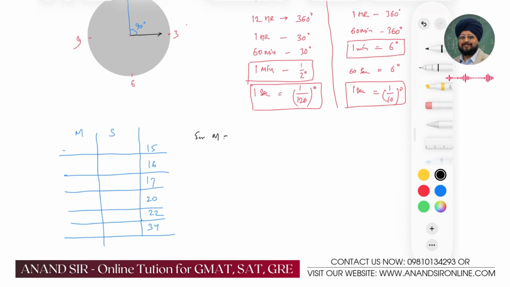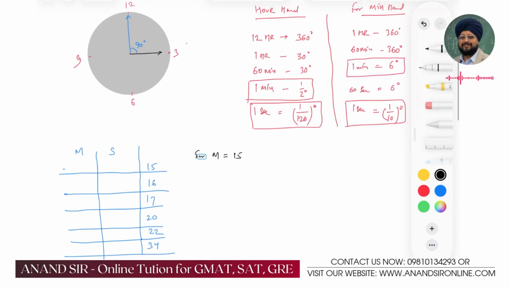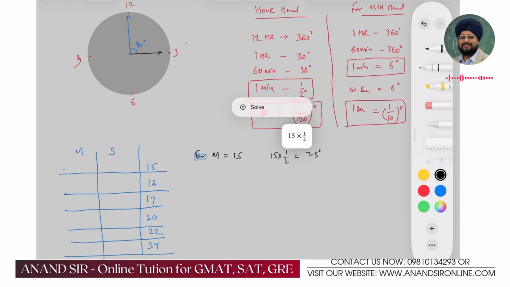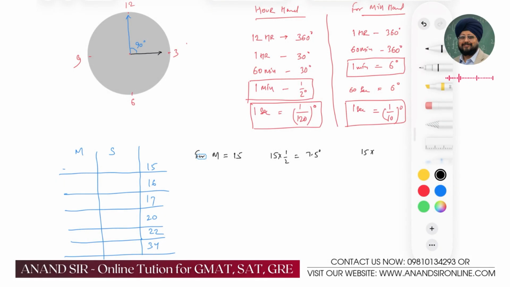For m equal to 15, that is, after 15 minutes, what happens? The hour hand moves 15 into half, that is 7.5 degrees. And the minute hand moves 15 into 6, that is 90 degrees, right?